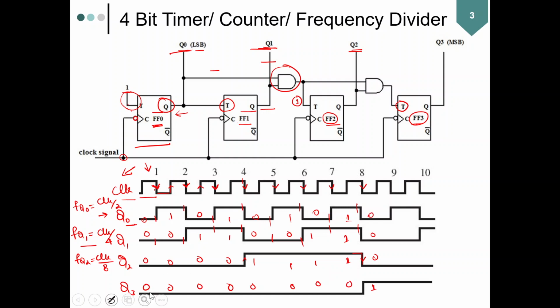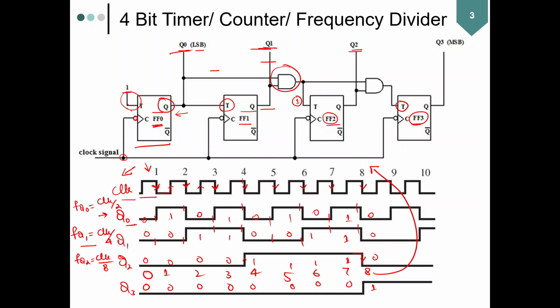If you take their decimal equivalents, this is 0, this is 1, 2, 3, 4, 5, 6, 7, 8. And now you see that this number is actually equal to the number of clock cycles over here.